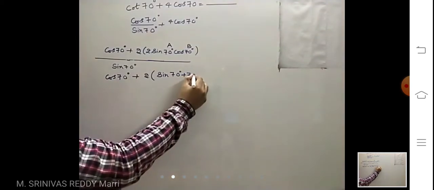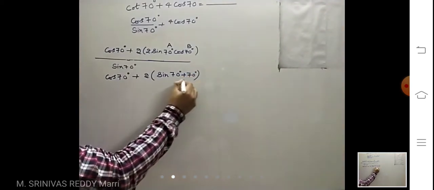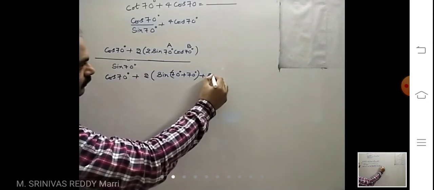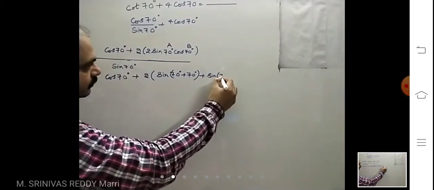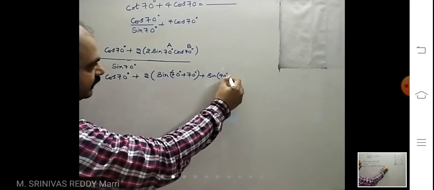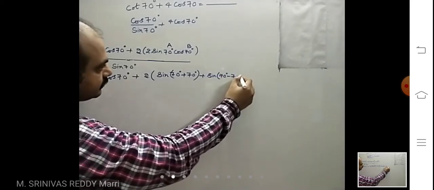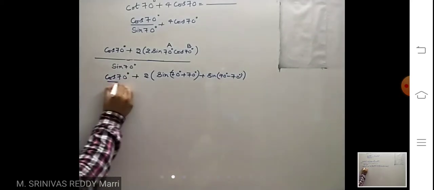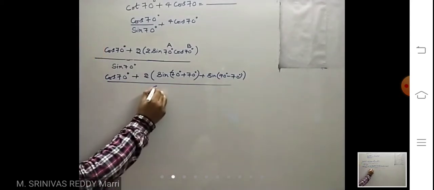First study the formula. 2 sin A cos B formula is that. For the time being, write that formula.